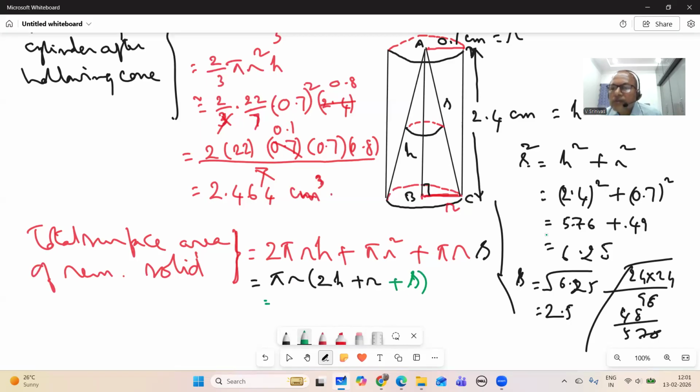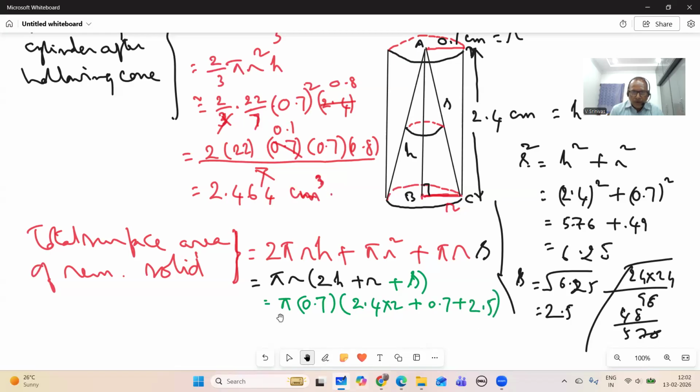Where 2h comes, where r comes, where s comes. So let us substitute the values of h, r, s and pi as a rational number. Okay, first let us calculate with pi as it is. So pi into r is 0.7 into h is 2.4 into 2, right? 2.4 into 2 plus r is 0.7, s is 2.5.